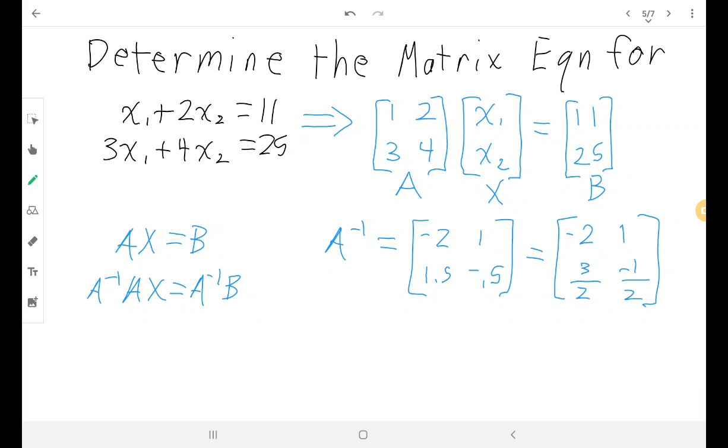The determinant of A is 4 minus 6, which would be -2, and you do 1 over -2 times that modified A. So you do -1/2 distributed to the modified A, which would be times 4, and then times -2, and then times -3, and then times 1.